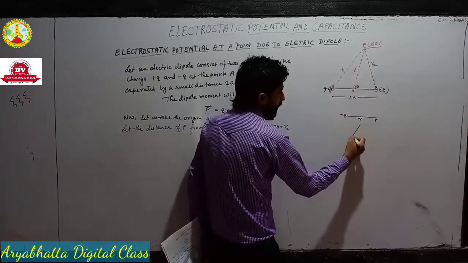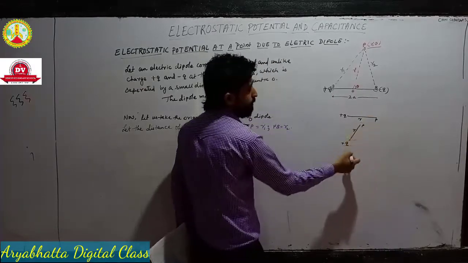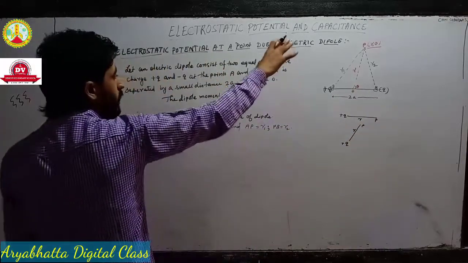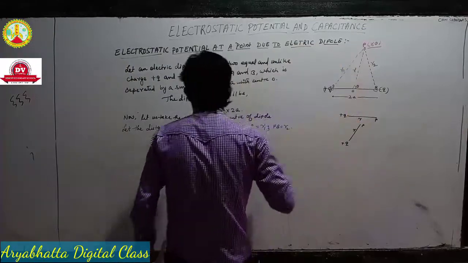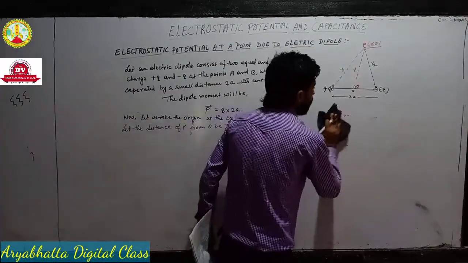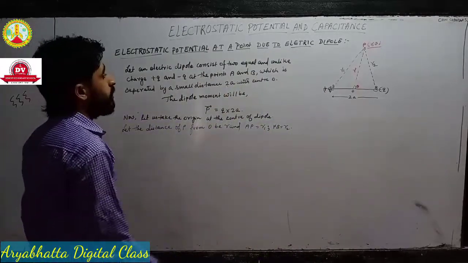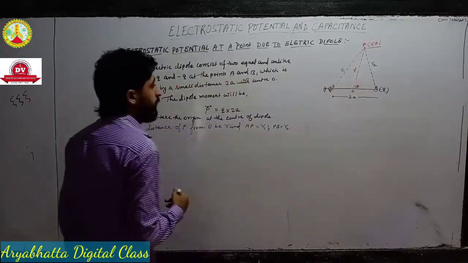If I just make a line like this, will something change? Same thing, right? So AP is the same case as a point charge. Now let's find the potential at point A and the potential at point B.